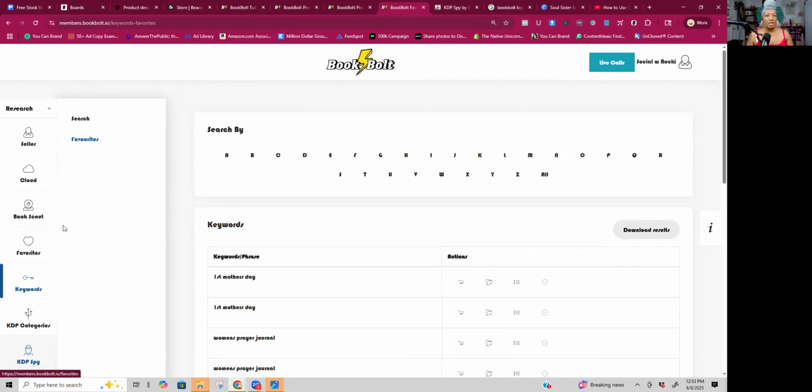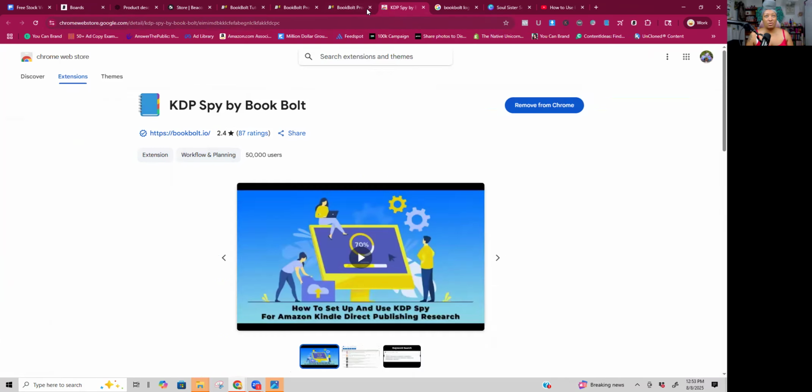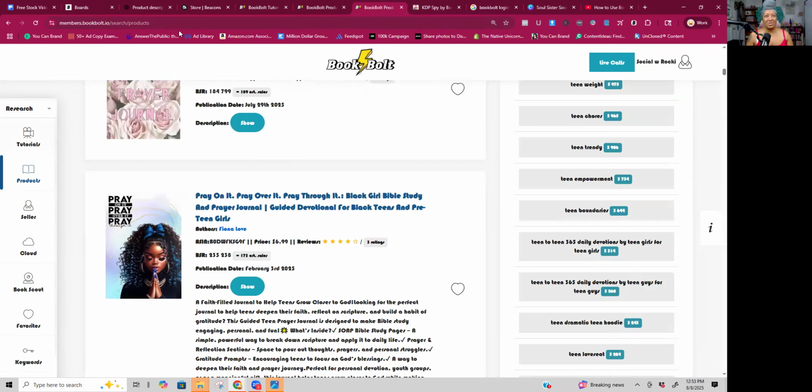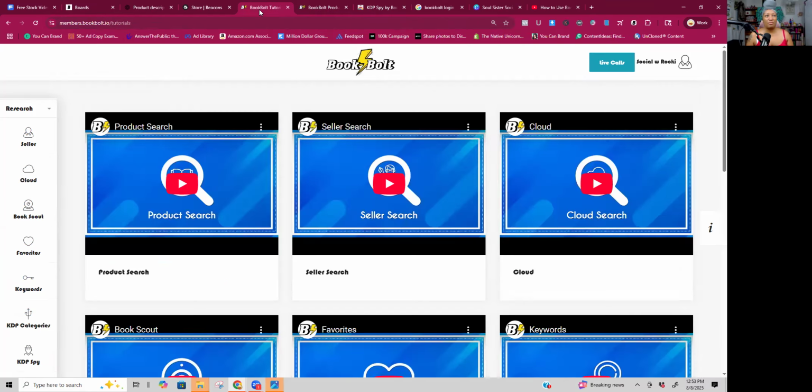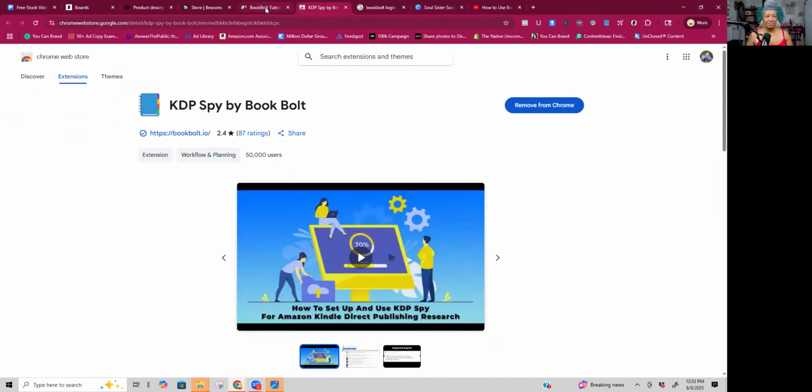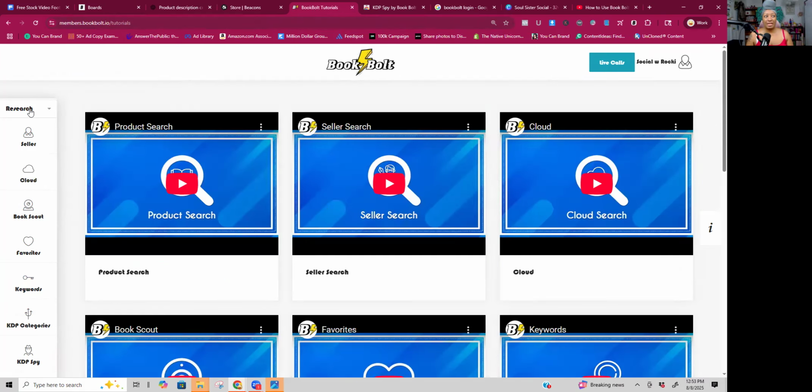All right. So let's go into the create side, which I will not go too in depth with, but I do want you to see it because I think it is super cool. Check your tabs too, because Bookbolt is famous for having 1,000,001 tabs open. All right, so when you go to the left-hand side, you want to go to research, switch it over to create, and there is a Bookbolt Studio. This is going to blow your mind.